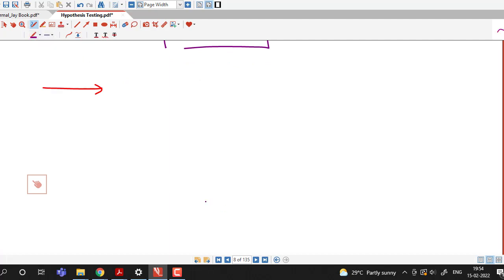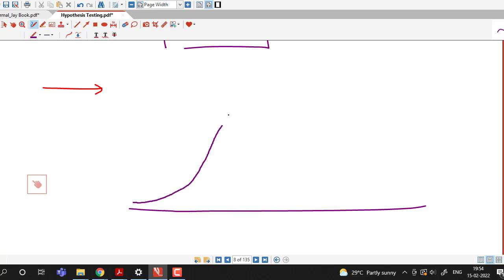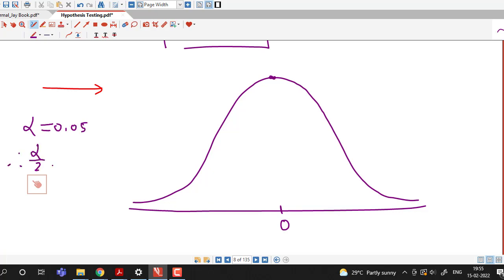Now because we know that this Z is a standard normal random variable, its probability distribution will be standard bell shaped curve, and at the middle we have value of Z equal to 0, and alpha is given as 0.05. Therefore alpha by 2 will be equal to 0.05 divided by 2, that is 0.025.